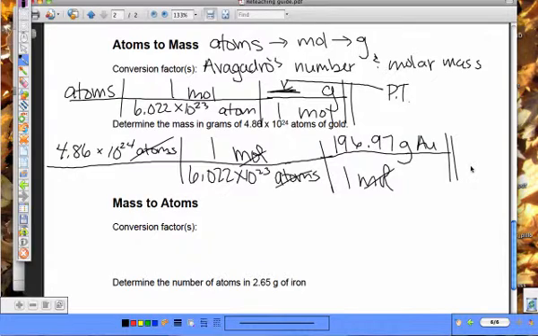So you multiply by the top and then divide by the bottom number. It doesn't matter what order you do it. You can multiply first and then divide, or you can divide and then multiply.